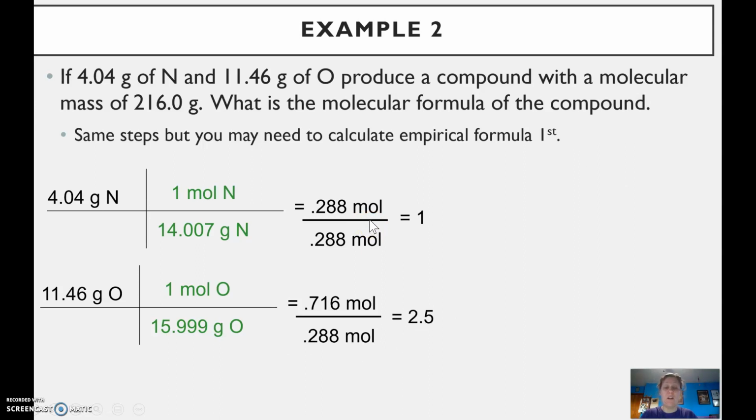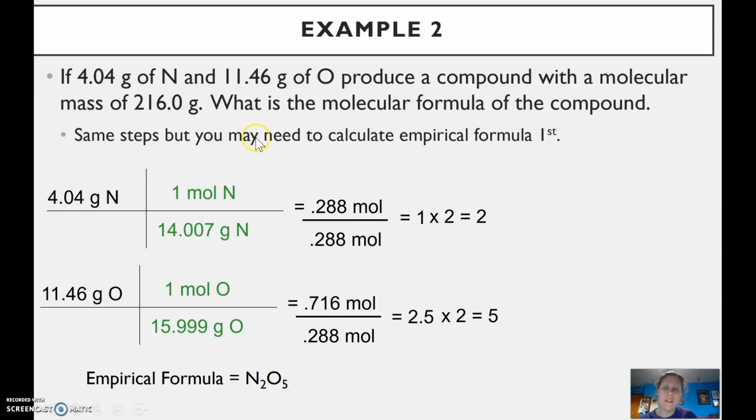So I picked this one on purpose. Mass to mole, divide by smallest, and now it's not a whole number, so multiply till whole. So 1 times 2, 2.5 times 2. So N2O5. That's the empirical formula.